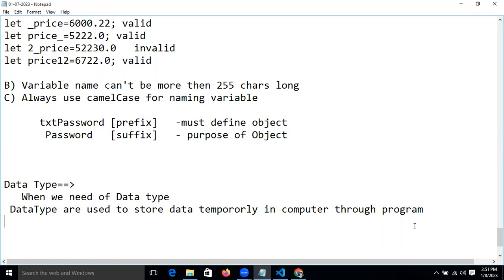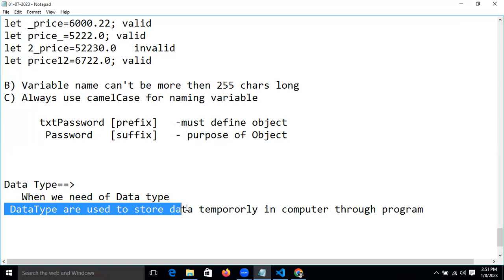For that, if we want to write one statement and put it inside double quotes, that will be treated as a string. If we need only one character from the whole collection of strings, then we need the character data type. If we want to calculate with numbers, like natural numbers, then we need the number data type.